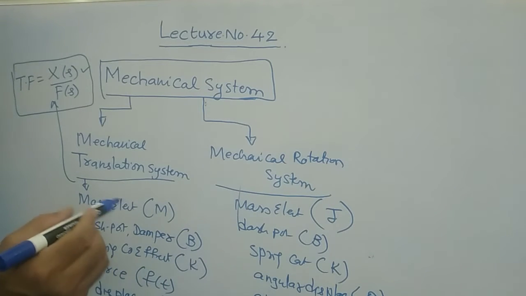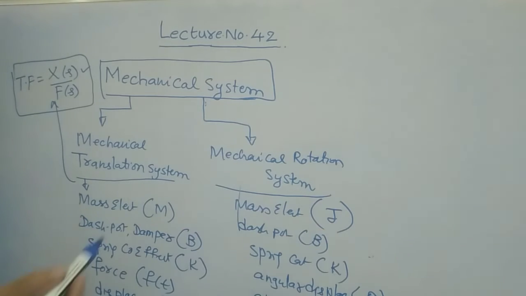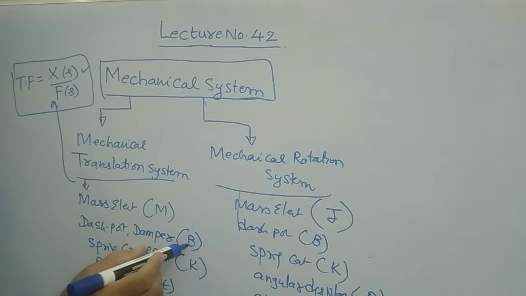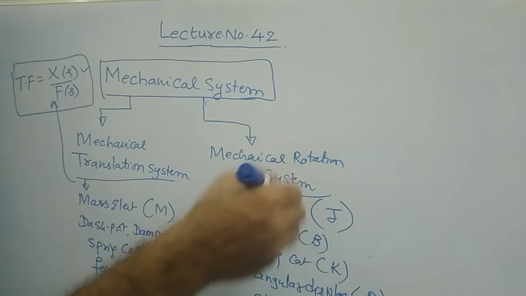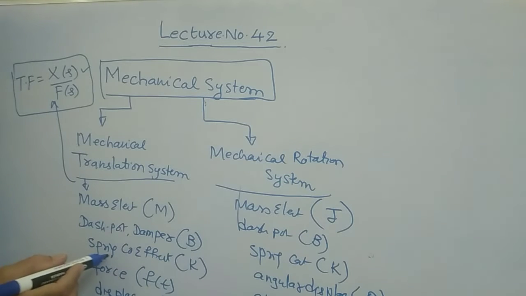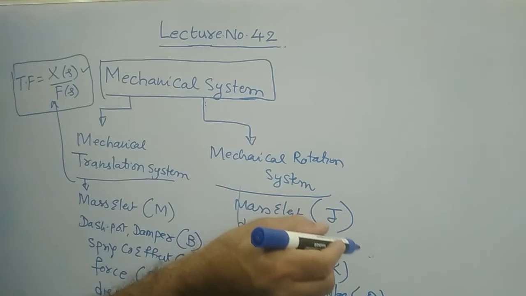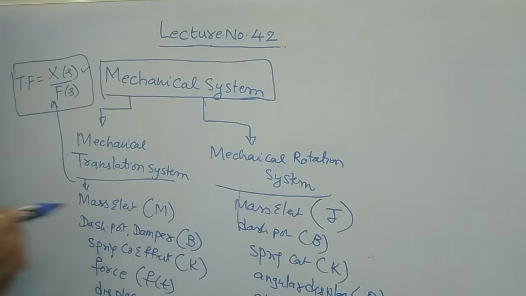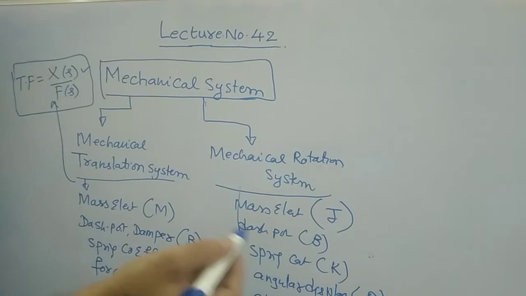So for the mass element M, what is the equivalent electrical element? For the dashpot element B, what is the corresponding electrical element? Similarly, for the spring element K, what is the equivalent electrical element? If you know those equivalents, then your job is over.